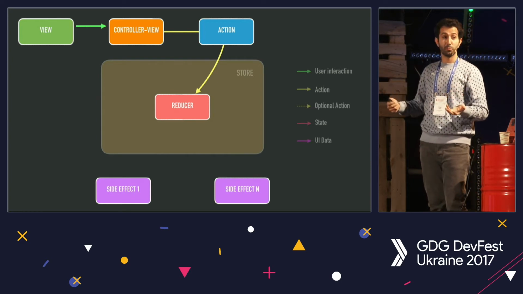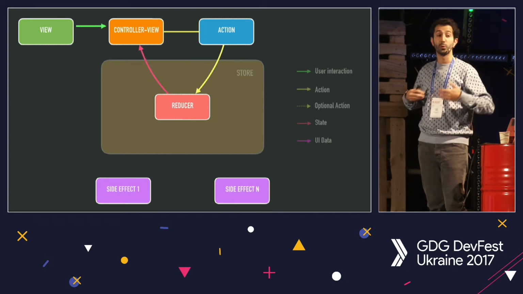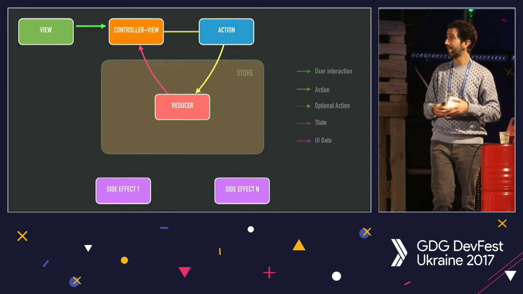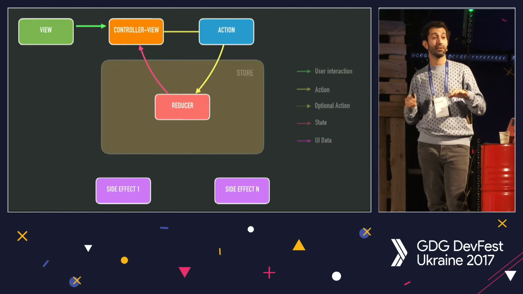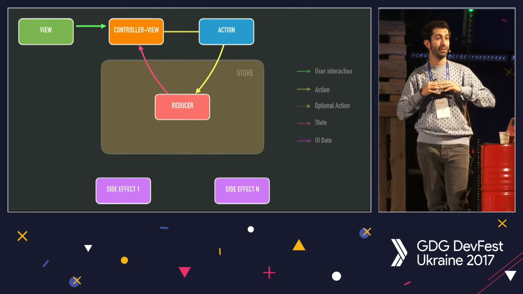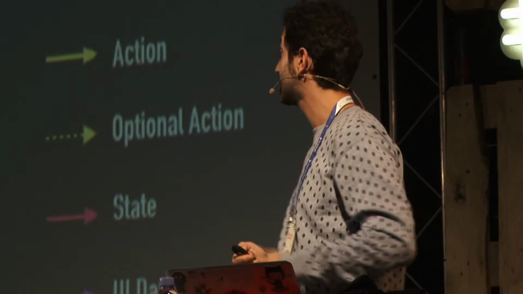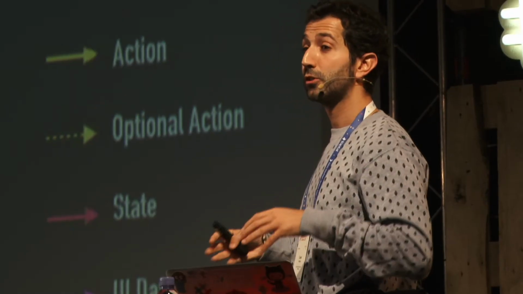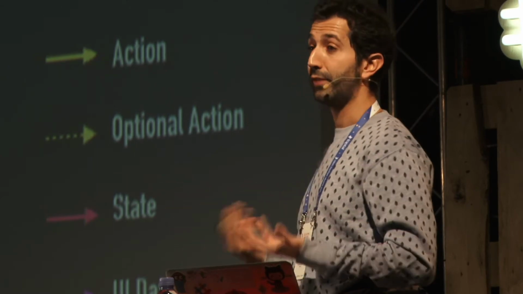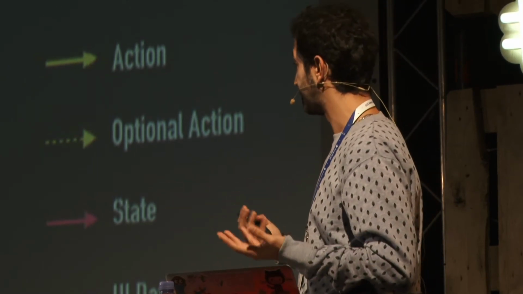Once we have the new state, we are going to give the state to the controller view. But also, right after we have dispatched, we have given the state to the entities that are listening for states. We are going to dispatch also the actions to what we call side effects. What are side effects?